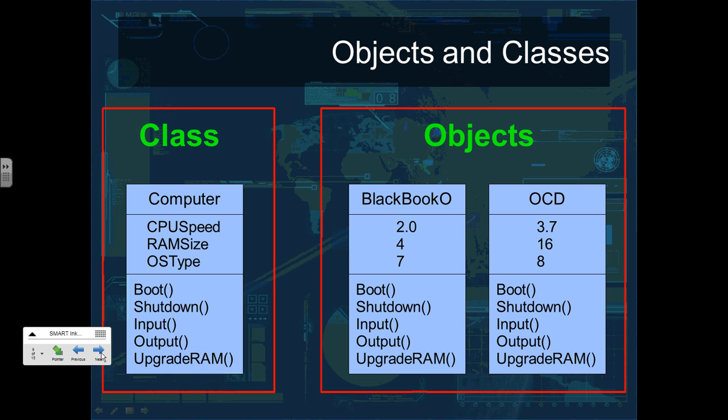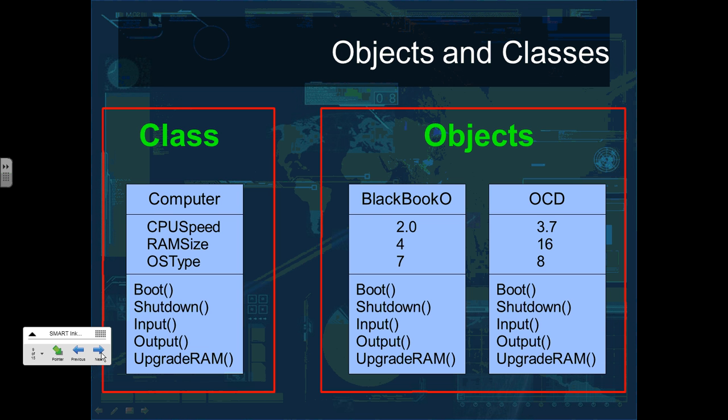Another way of thinking of it is a class is like a blueprint for a module, and then your object is the actual module itself, or a block itself that you can use. Before you can create an object, you first need to create a class. So you have a blueprint that you can then use to create things.